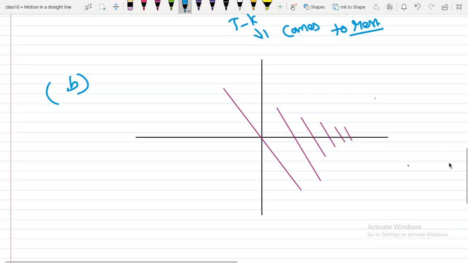Now the graph is plotted between velocity versus time. Now you see the situation.